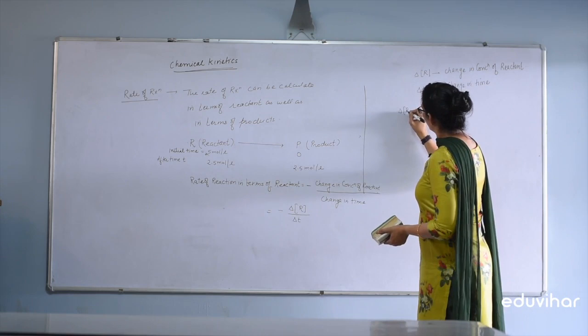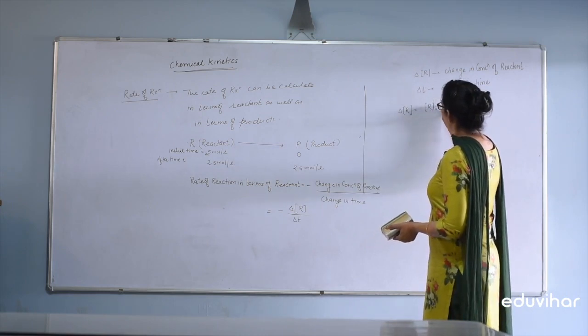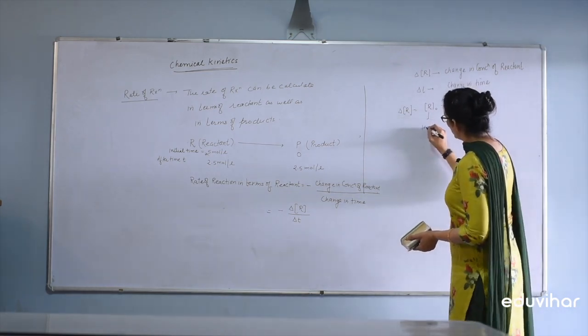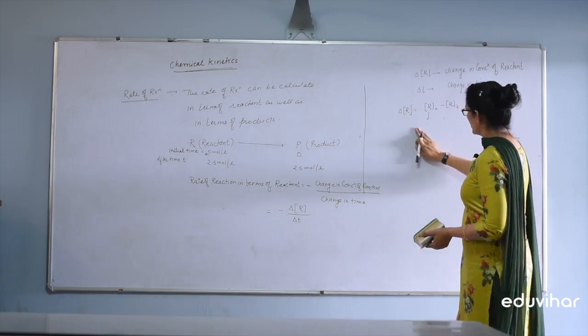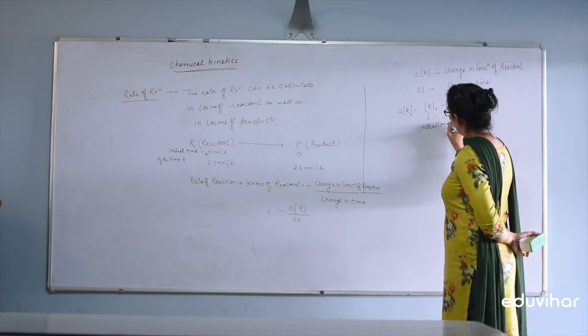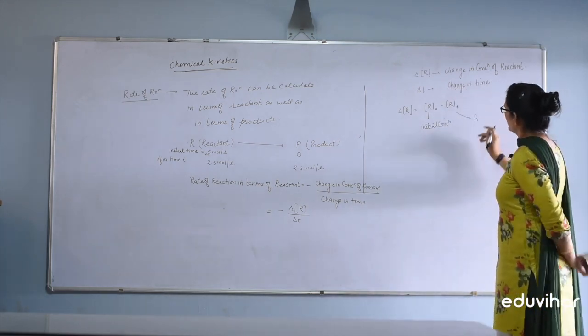Delta R is equal to R at time t minus R initial. This is the initial concentration, and this is the final concentration.